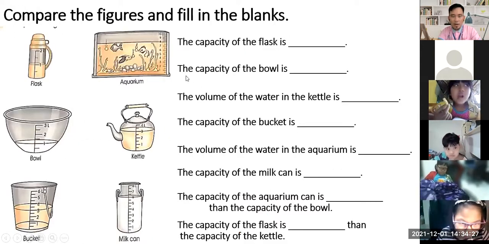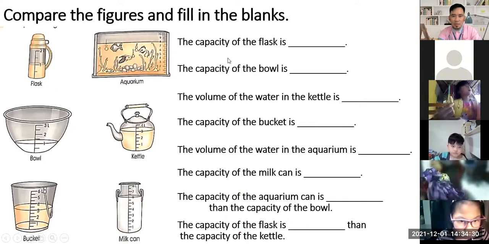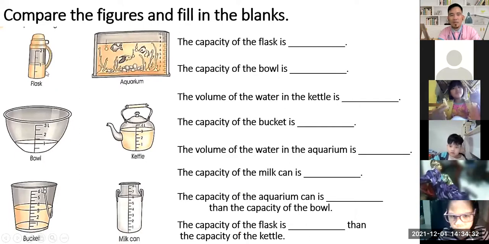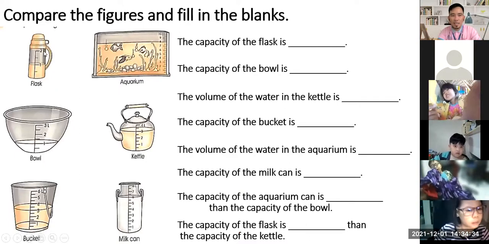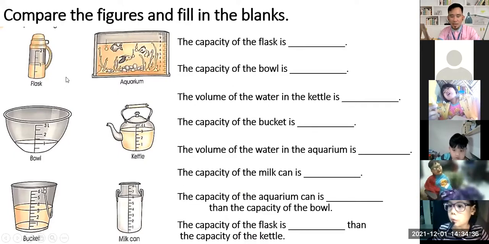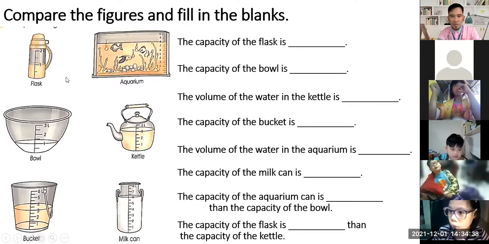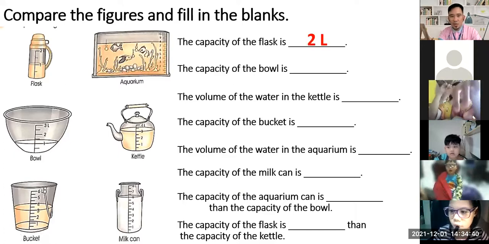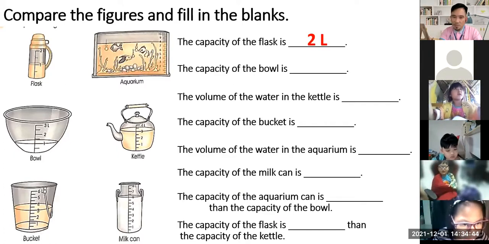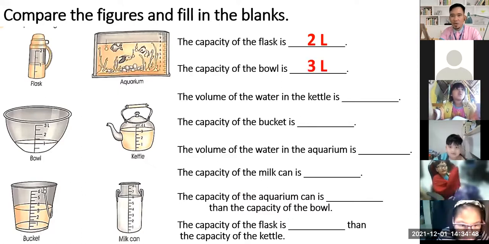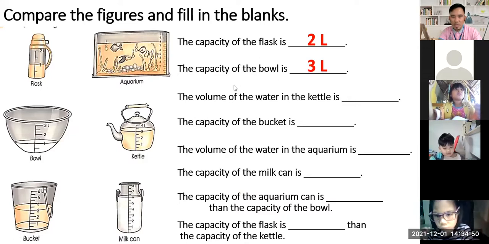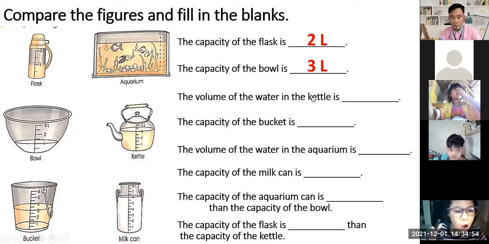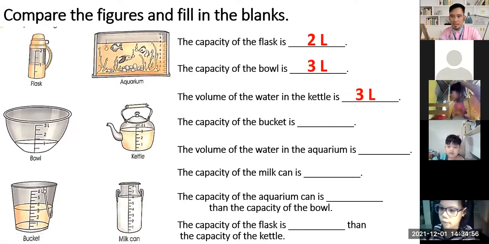Now here, a while ago we answered this one in our previous video, right? What is the capacity of the flask? How many liters? 2 liters or 2L. How about the capacity of the bowl? 3L. The volume of water in the kettle. 3 liters.